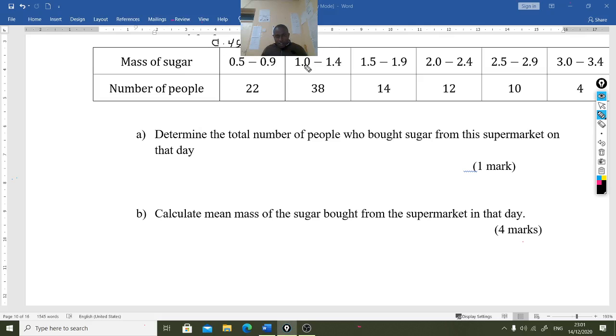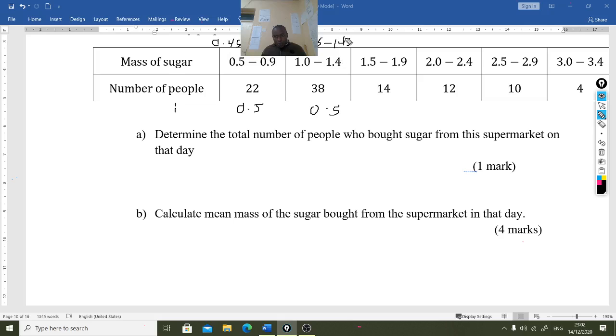The next lower limit, 1.0 minus 0.05, becomes 0.95, and the next upper limit becomes 1.45. And the trend continues. If I subtract the lower and upper limits, I get 0.5. So the class width is constant, 0.5. If you also come here, you find the class width is 0.5.